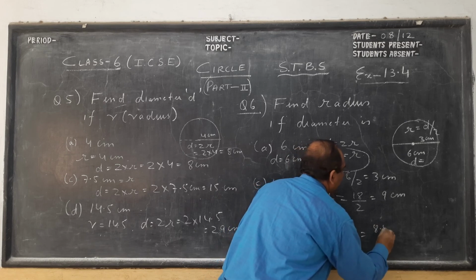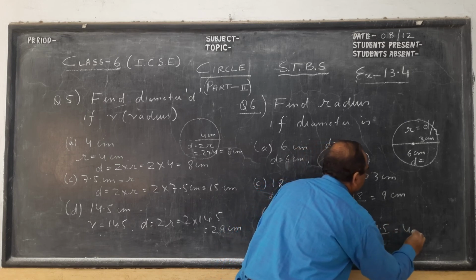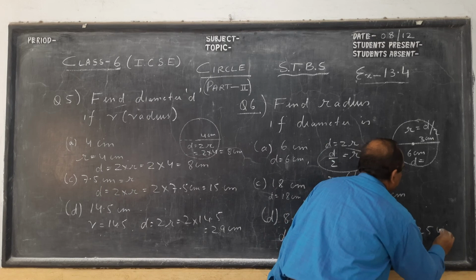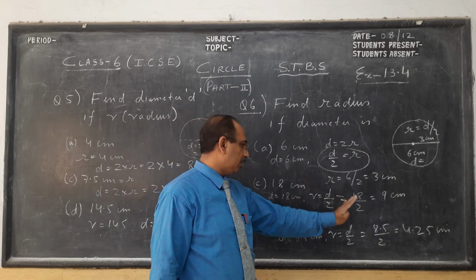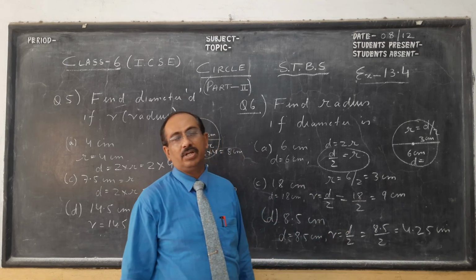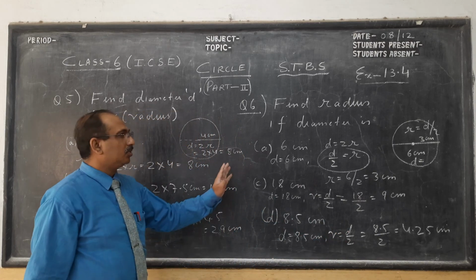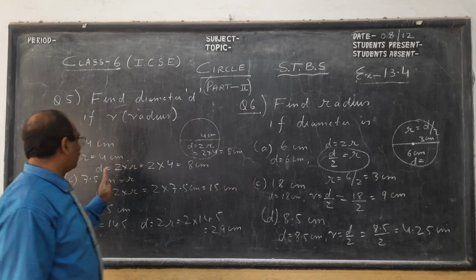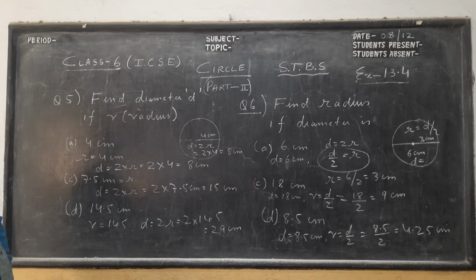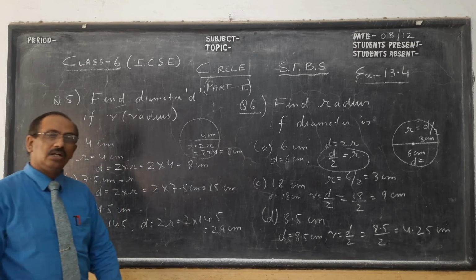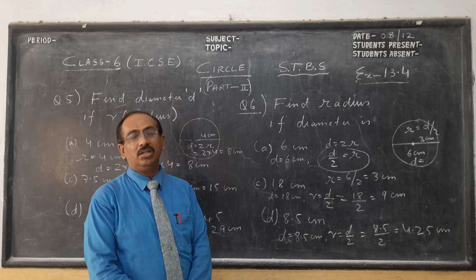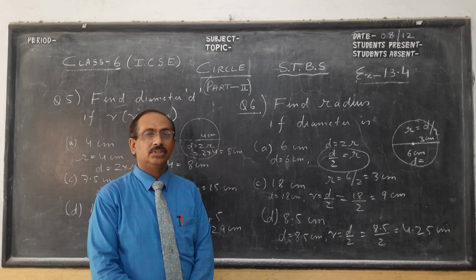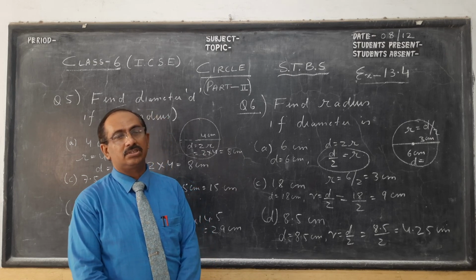So 8.5 centimeter by 2, you will get 4.25 centimeter if you divide. So 6 becomes 3, 18 becomes 9, and 8.5 becomes 4.25. So radius is half of diameter and diameter is double the radius. So kindly pause the video and copy, and the few questions which I have not done, you can try doing them. Thank you, children, for watching this video lesson.